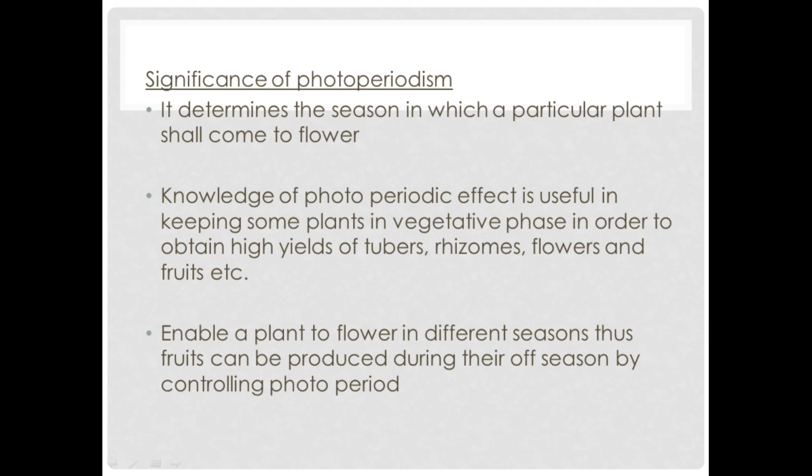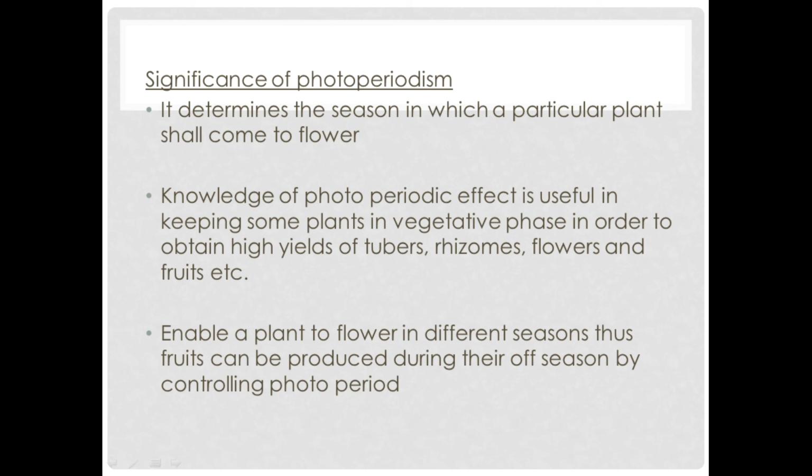It also enables plants to flower in different seasons, and this can help fruits to be produced off season. So if we have a fruit tree that requires long periods of light for it to flower, a farmer can take advantage and expose these fruit trees to long periods of light, especially during winter, for them to produce fruits during the period that they don't usually do.